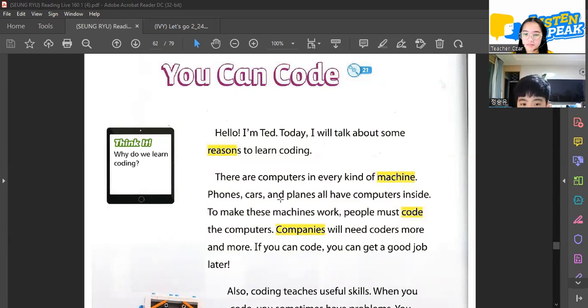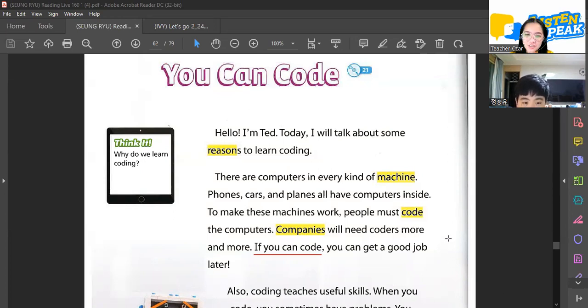Phones, cars, and planes all have computers inside to make these machines work. People must code the computers. Companies will need coders more and more. If you can code, you can get a good job later.